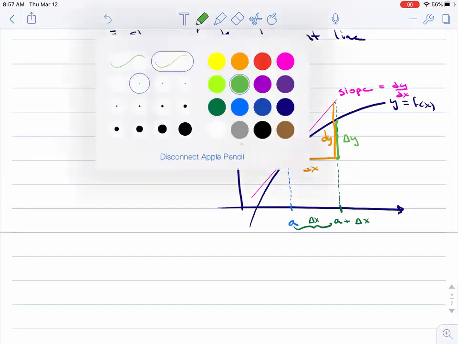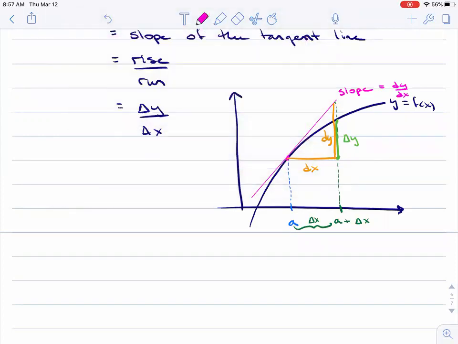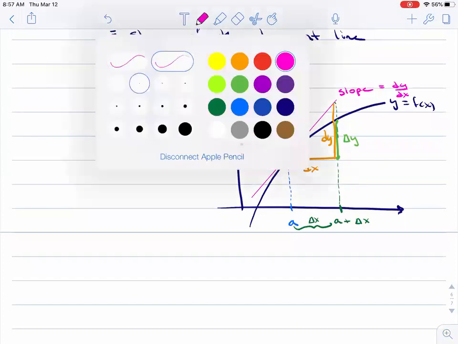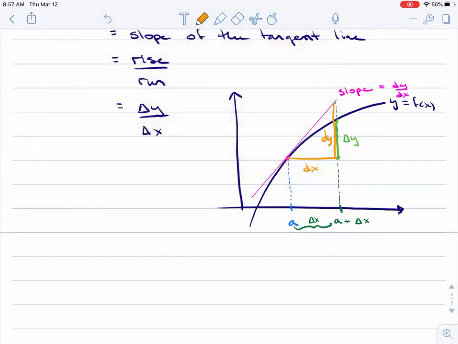right? And so what we'll say over here is that dy over dx is approximately equal to delta y over delta x. No issues with the dx and delta x, let's translate.